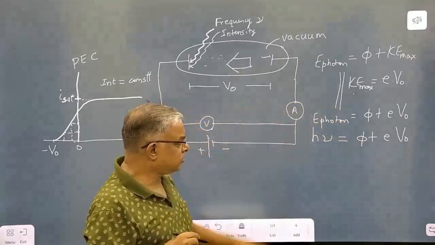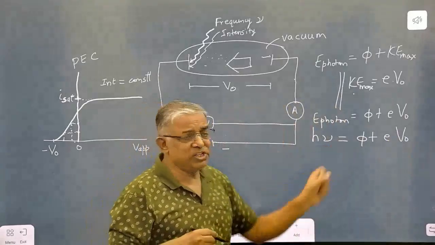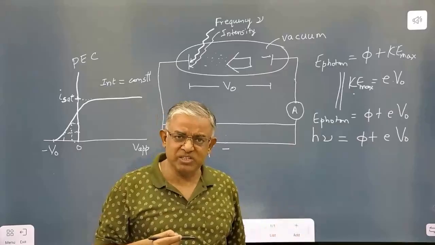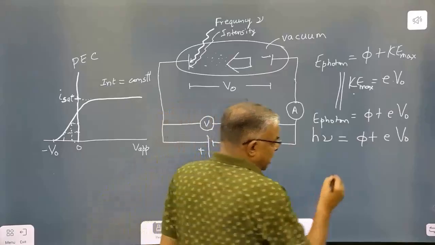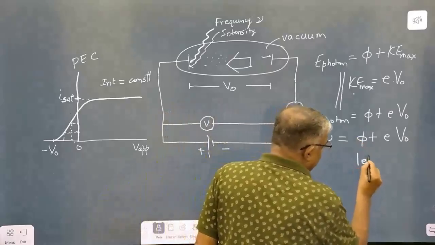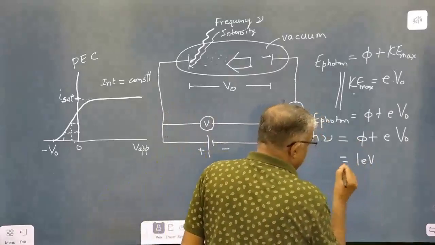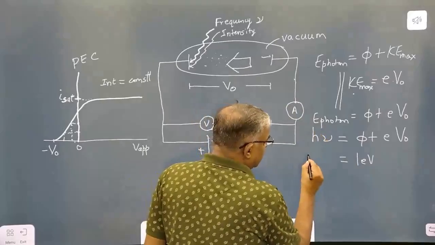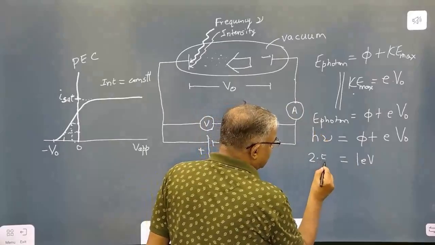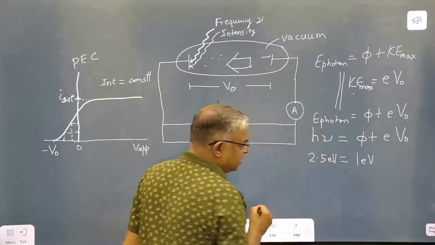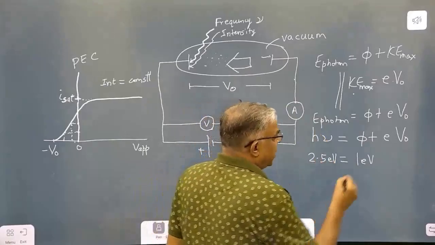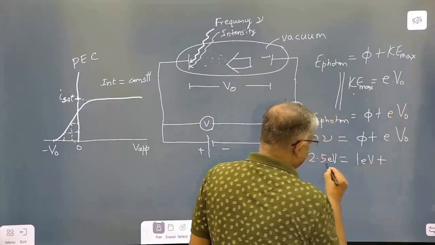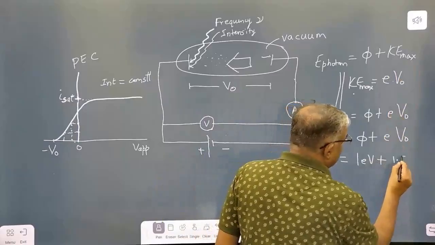Now, if we have chosen a metal, that means the work function is fixed. If I say a metal has work function 1 electron volt, and now a photon of energy 2.5 electron volt is incident, then the energy of the maximum energetic electron would be 1.5 electron volt.